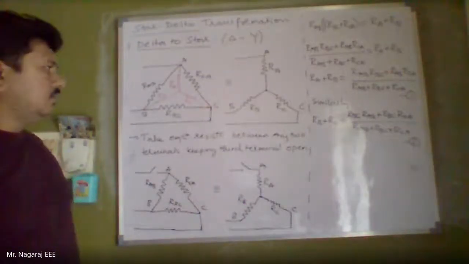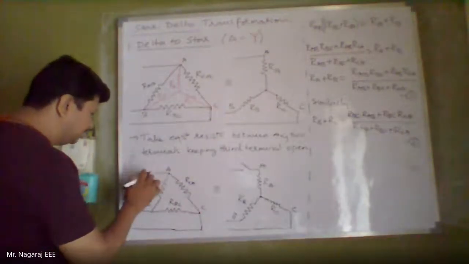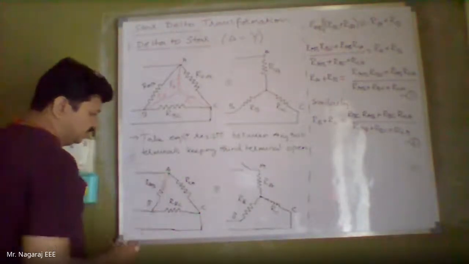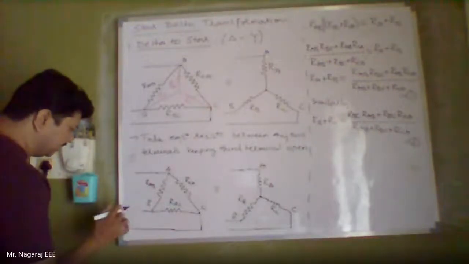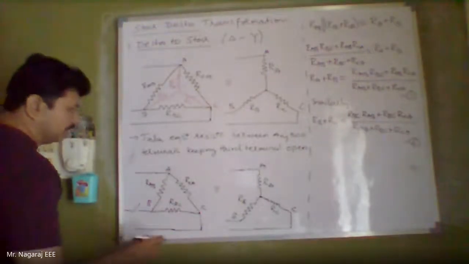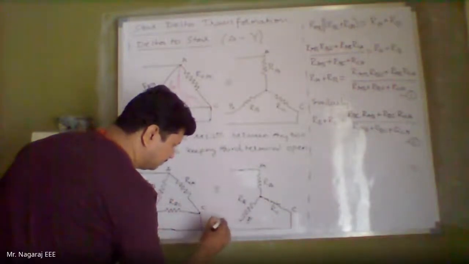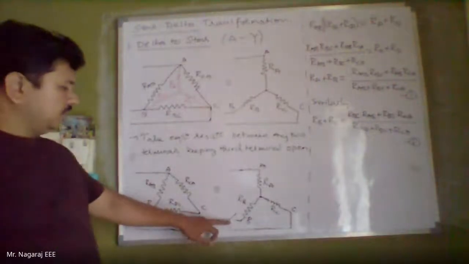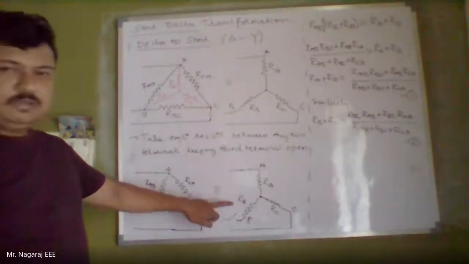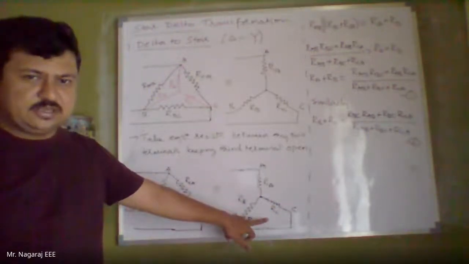And the third case, taking the resistance between A and C by keeping the terminal B open. Now terminal B is open, so RB will not come into this picture. It will be RA plus RC.